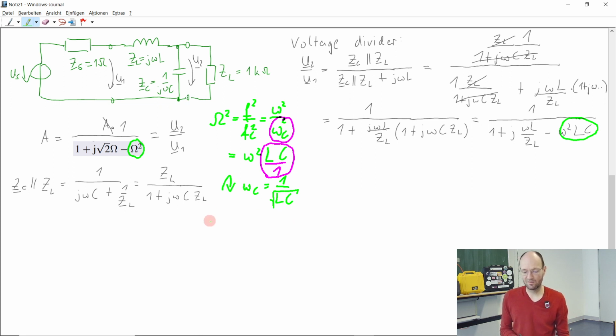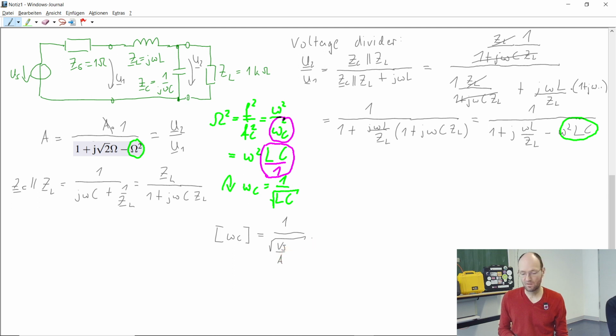And this also makes sense because if we do a quick check with the units, the unit of the inductance is volt seconds divided by ampere.